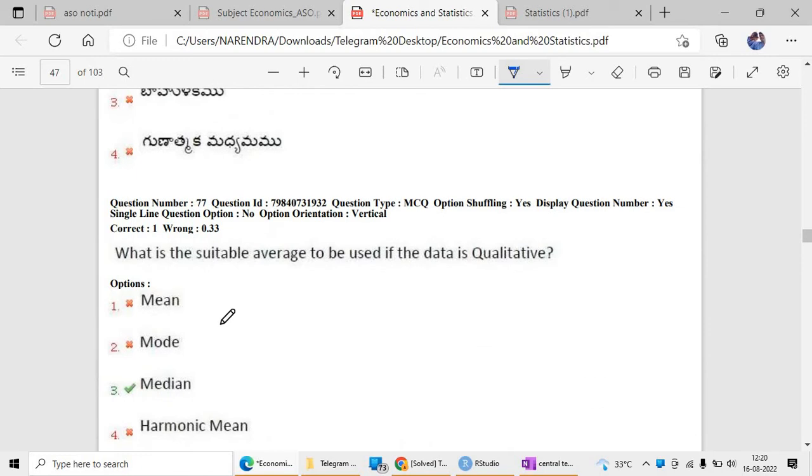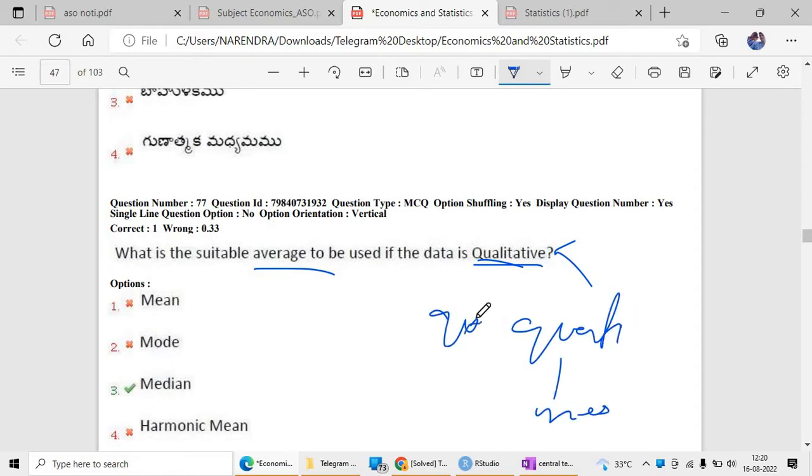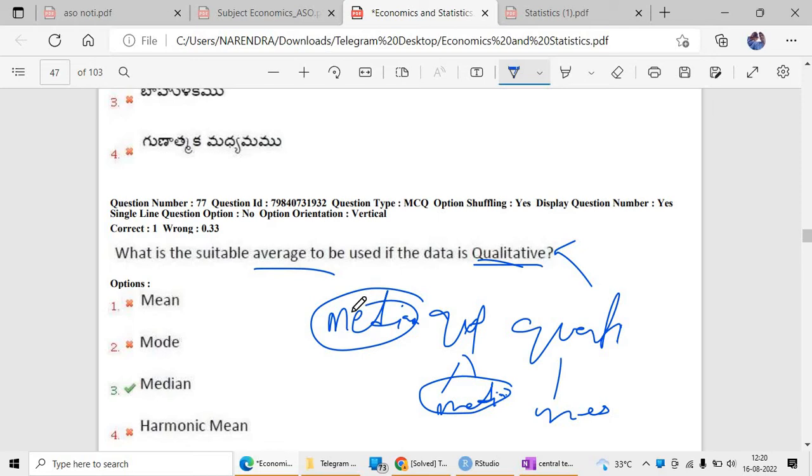Next, which is the suitable average to be used if the data is qualitative? In data we have two types, quantitative and qualitative. If the data is quantitative, then we prefer mean. If data is qualitative, we use median. Why? For example, you have some non-measurable data like a textbook with 100 pages.